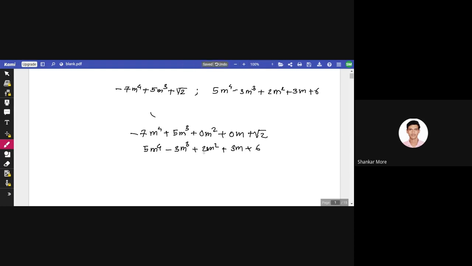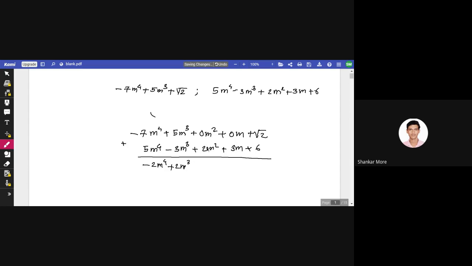3m plus 6, right? So इसको अगर हमें solve करना है, so how can we do that? Just a moment. Yeah. So minus 7m raised to 4 plus 5m raised to 4, that would be minus 2m raised to 4. 5m cube minus 3m cube, that would be positive 2m cube.